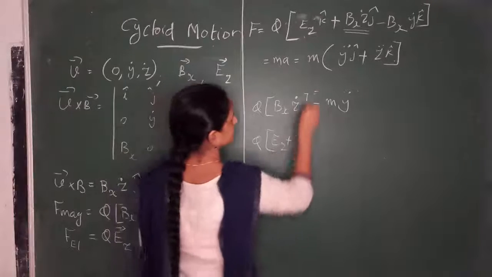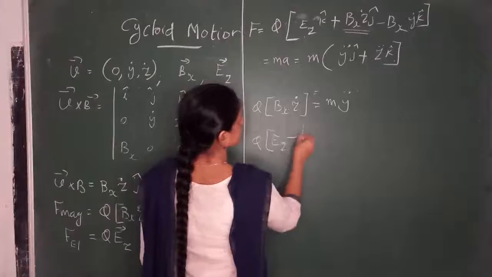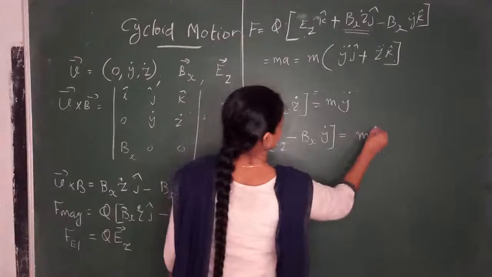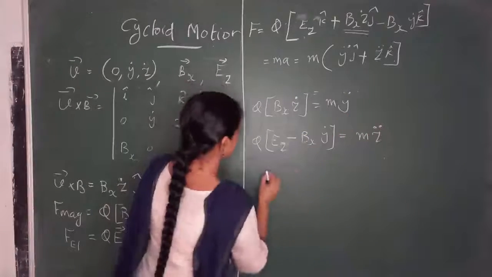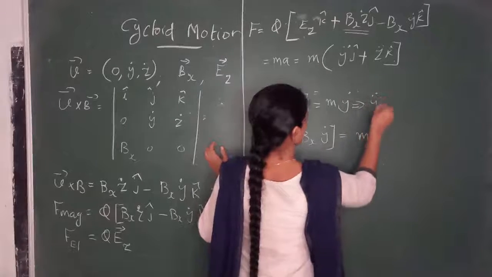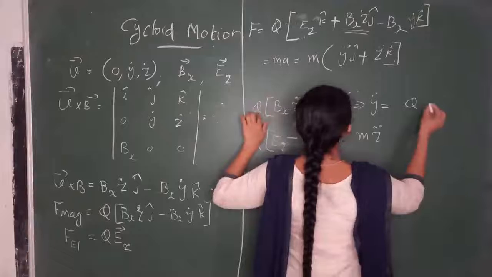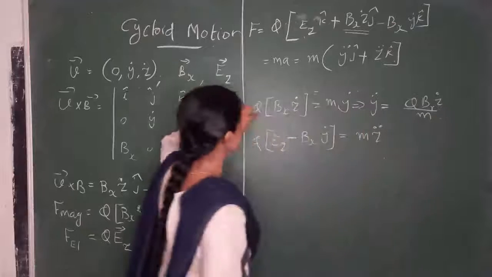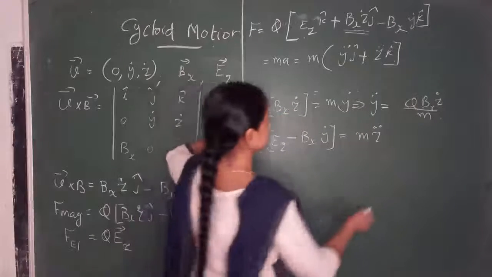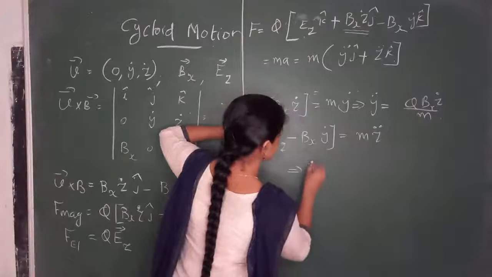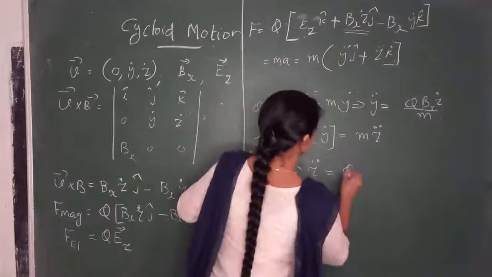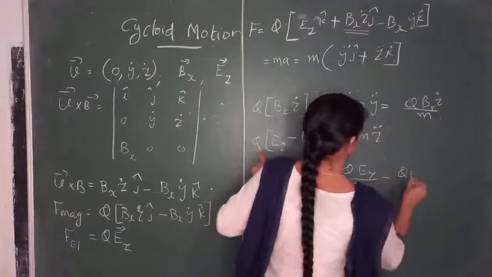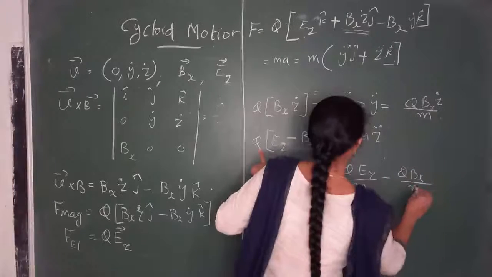Ez minus Bx y dot, which is equal to m z double dot. So y double dot is equal to Q Bx z dot by m, and z double dot is equal to Q into Ez by m minus Q into Bx by m into y dot.